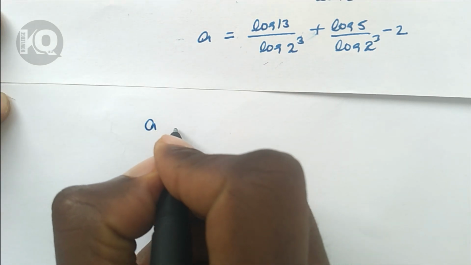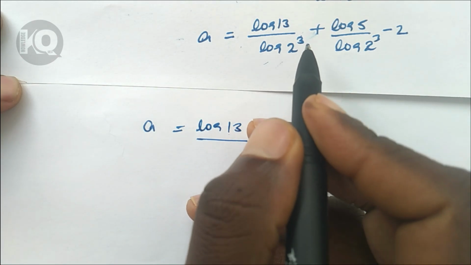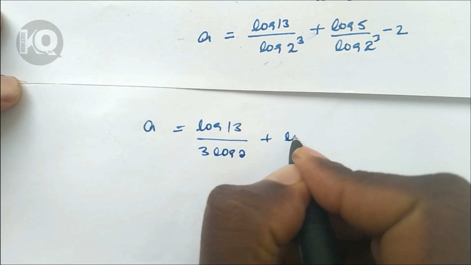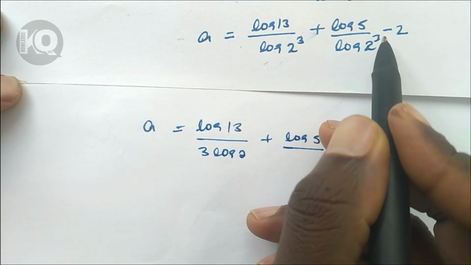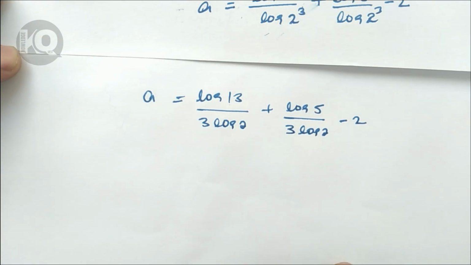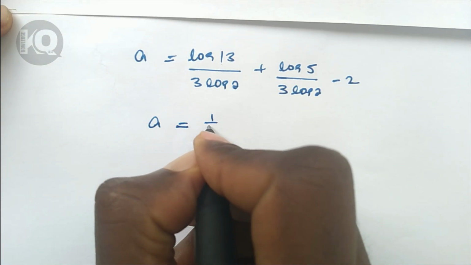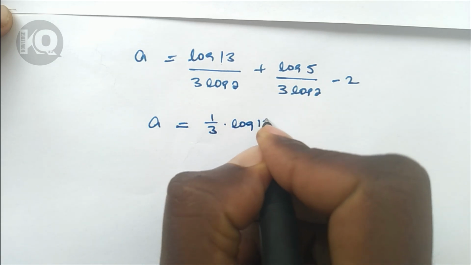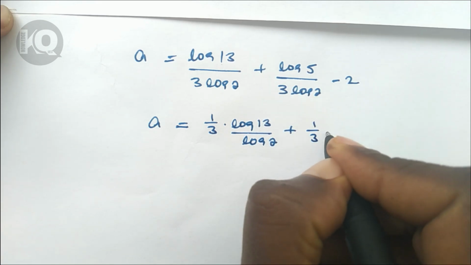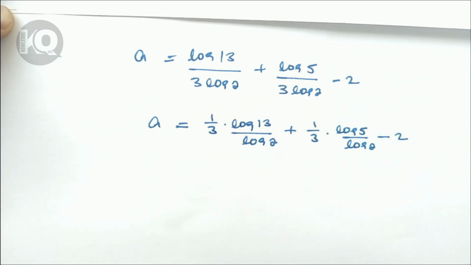Then x is equal to log of 13 divided by 3 log of 2, plus log 5 divided by 3 log of 2, minus 2. Then x is equal to 1 over 3 times log 13 divided by log 2 plus 1 over 3 times log 5 divided by log 2, minus 2.